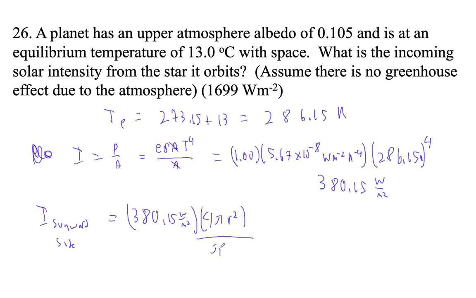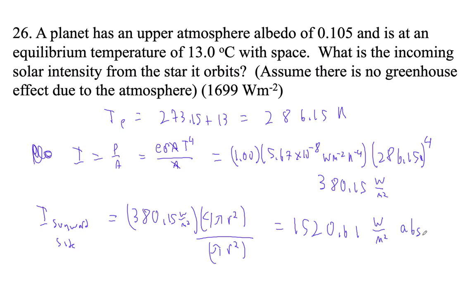Divided by pi r squared, right? So it's going to be 4 times that on the sunward side. So times 4, and we get 1520.61 watts per square meter underneath the atmosphere, right?